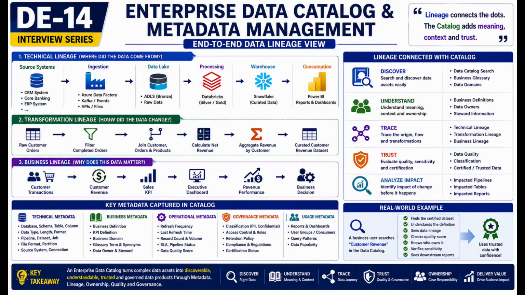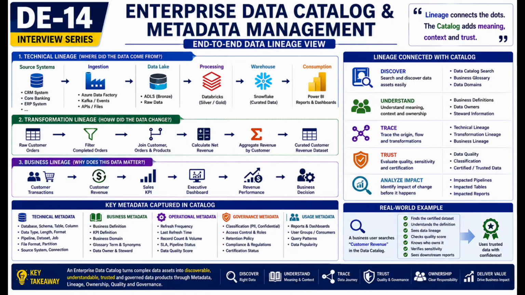It can also include business owner, data steward, business domain, KPI definition, glossary terms, and approved business terminology. This is extremely important because technically identical columns can have completely different business meanings.